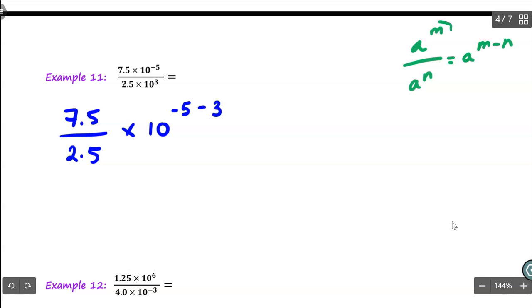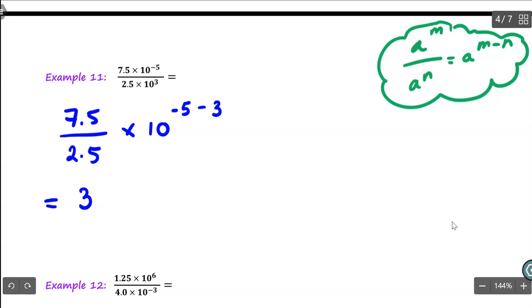When I divide two powers with the same base, I subtract the exponents. So 7.5 divided by 2.5 is just 3, and negative 5 subtract 3, you end up with negative 8. This one is simple, and we got that correct.